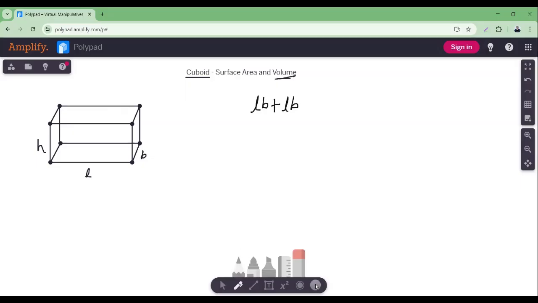Let's now go to the right and left side ones. If you see this one, what are the different dimensions?